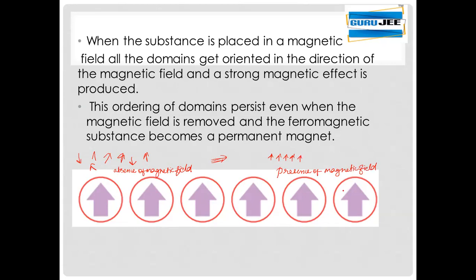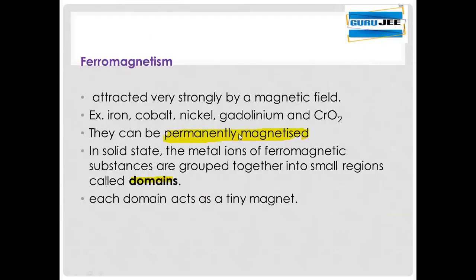No, ma'am. Okay. So this is how a ferromagnetic substance will show magnetic property and it acts as a permanent magnet. So you just note down this highlighted portion. It is a permanent magnet.